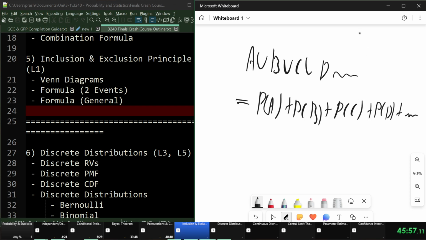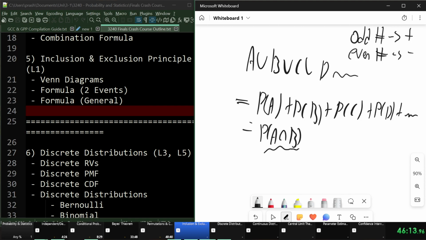I'm going to write that down. So odd number means plus. And therefore, even number would be minus. Same like above, we've got minus A intersect B. We've got 2 events in our brackets, so we put a minus sign according to this rule.